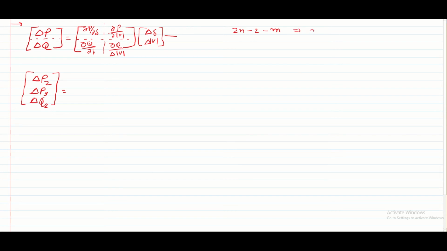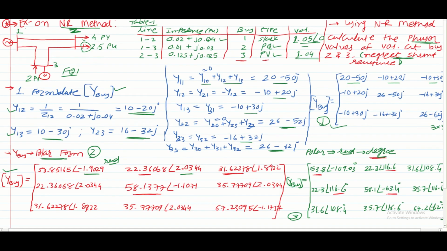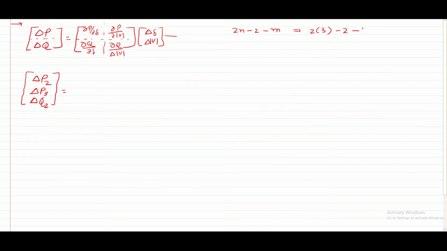So in our case, it is a 3 bus network, 2 times 3 minus 2 minus m, where m is equal to the total number of PV buses. In this network, we have only one PV bus. So here we will get minus 1. So the size of the Jacobian matrix will be 3 cross 3. Clear?